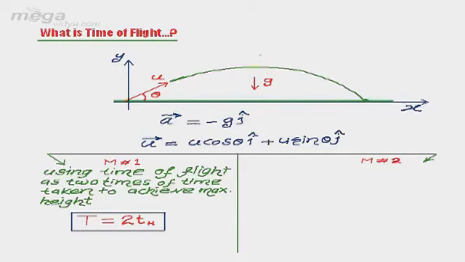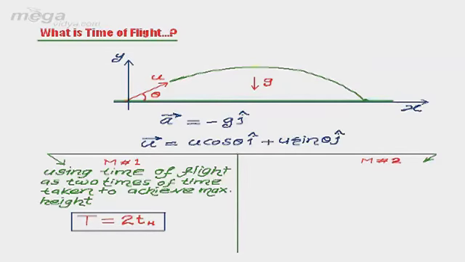As we know, acceleration is uniform, so the time taken to achieve maximum height will be equal to the time taken by the projectile to descend the same height. Means when it reaches the ground again, it takes the same time in which it achieved that maximum height. So time of flight can be taken as 2 times the time taken to reach maximum height.